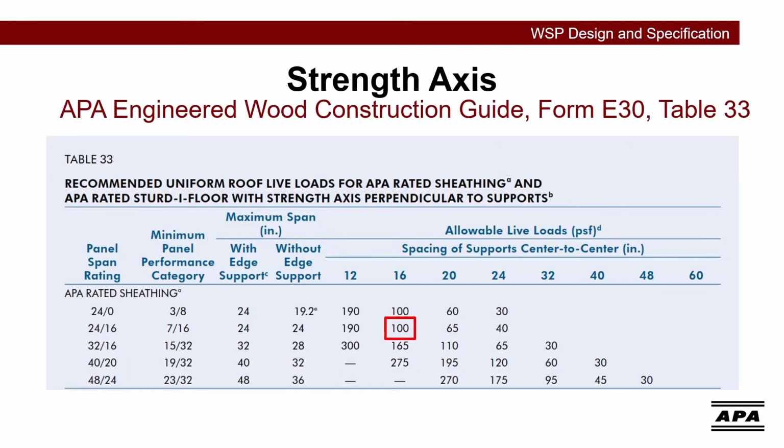Let's look at the example panel load capacities when we change the roof panel direction over supports. Using APA Table 33 from our Engineered Wood Construction Guide, we see an allowable load of 100 pounds per square foot for a 7/16 category panel with 16-inch on-center support spacing.